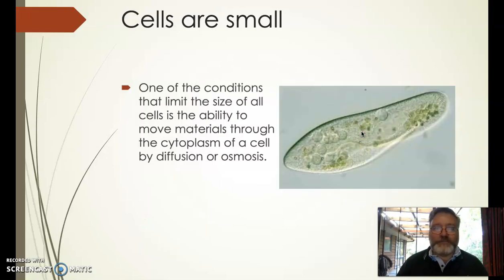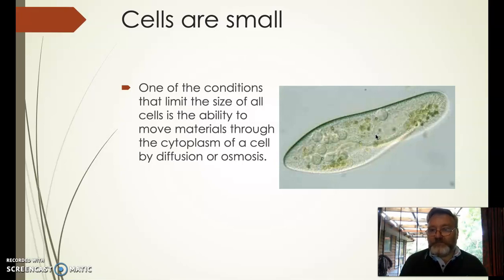So, cells are small for a really good reason. In a single-celled organism like this, they need to get stuff across this membrane into the cytoplasm. That requires diffusion, generally, or osmosis, facilitated diffusion or active transport.